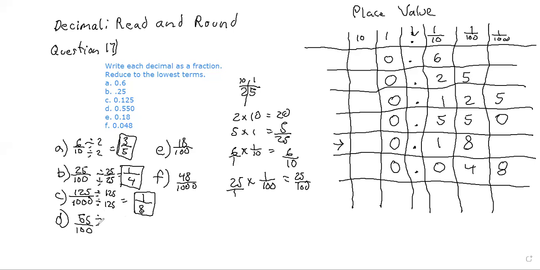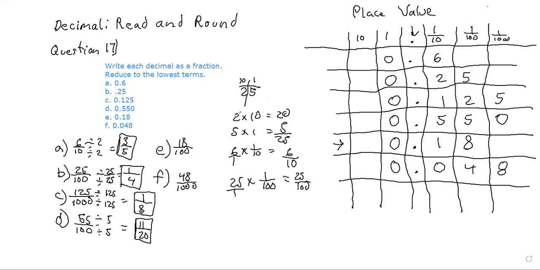For number D, we have to think of the largest number that goes evenly into both the numerator and denominator. It's going to be 5. So we'll divide the top by 5, divide the bottom by 5, and we're going to get 11 over 20.